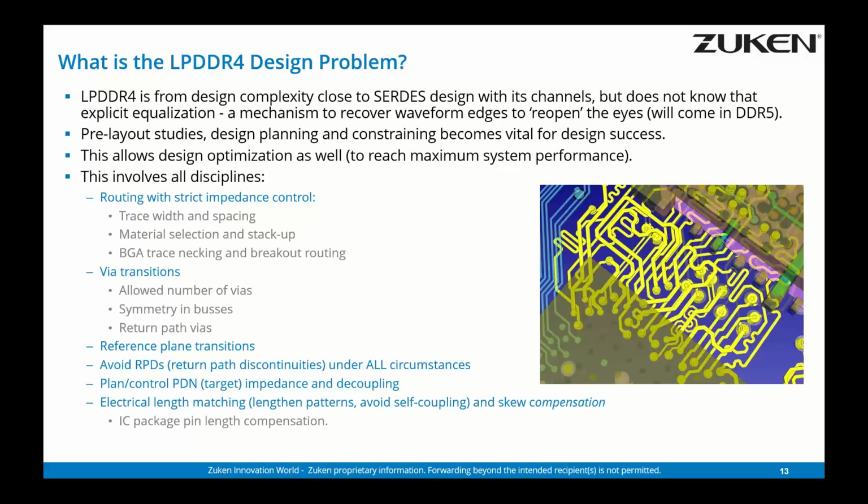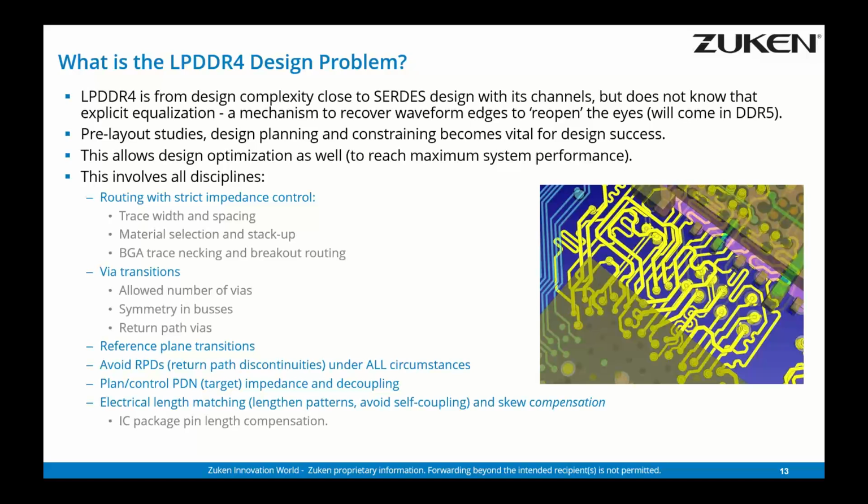Material selection is paramount. Stack-up definition is paramount. The strategy for the neck down into the BGA or through connector fields must be done carefully. For wire transitions, the maximum allowed number of vias is typically constrained.